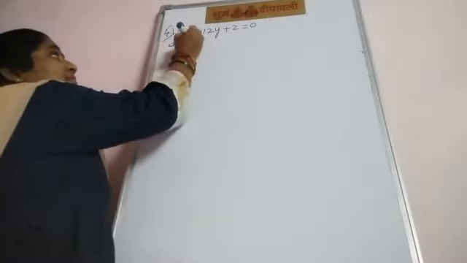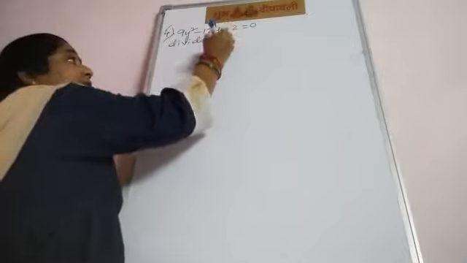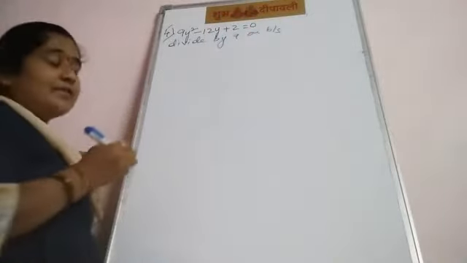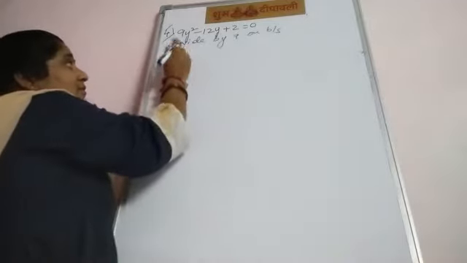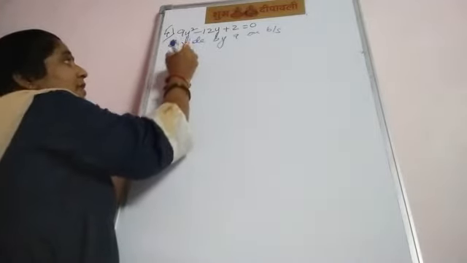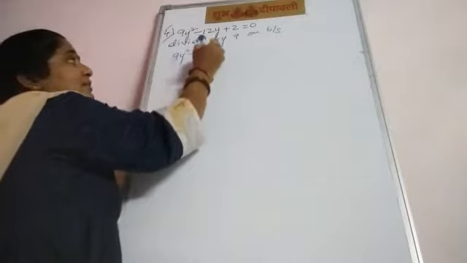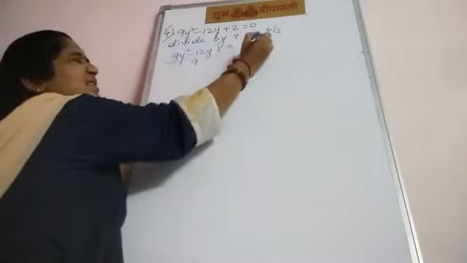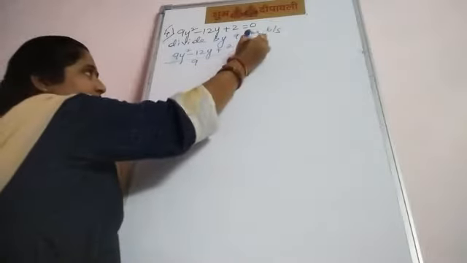Divide by 9 on both sides. When you divide by 9, what will you get? (9y² - 12y + 2)/9 = 0/9, how much? 0.